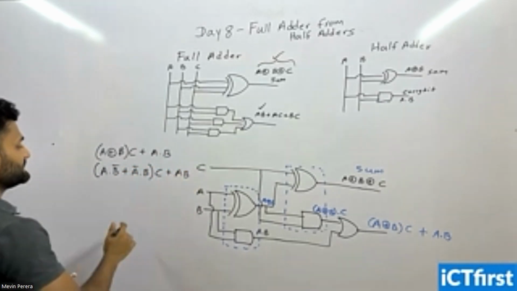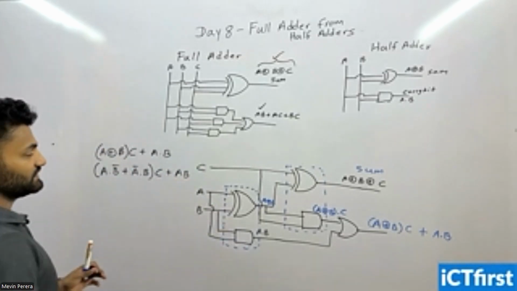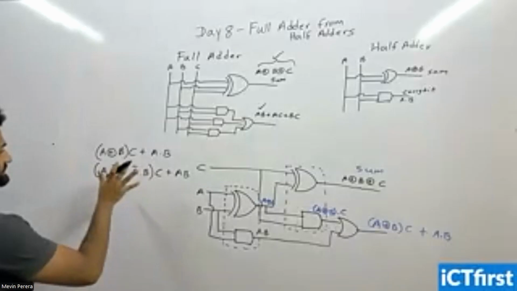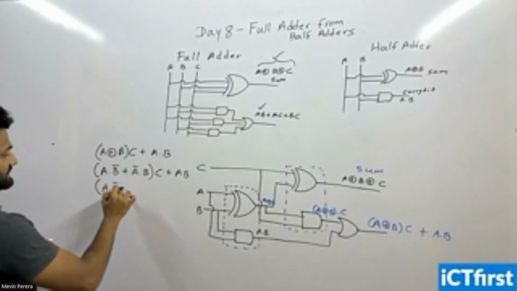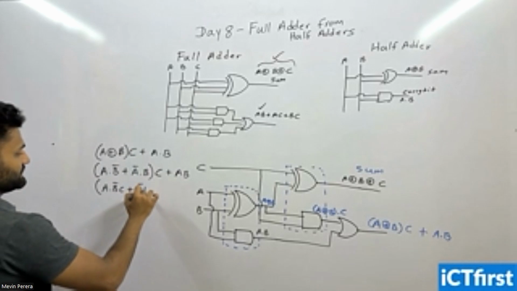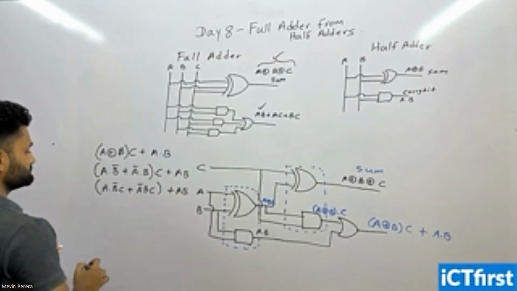We already learned that in the previous lesson. So this one, I drew a Karnaugh map also and showed you all. So we can draw it like this. Then A dot B bar C plus A bar B C plus AB.